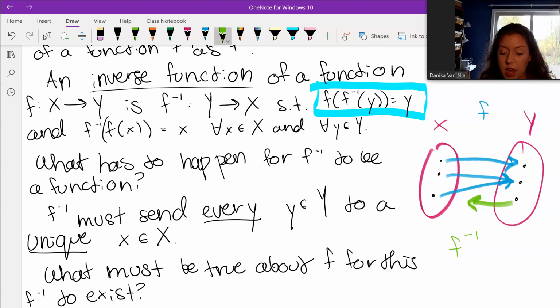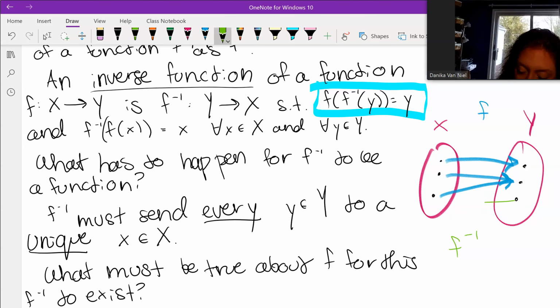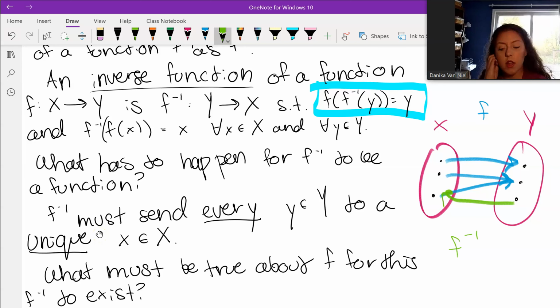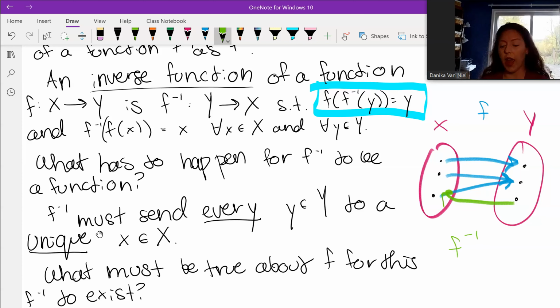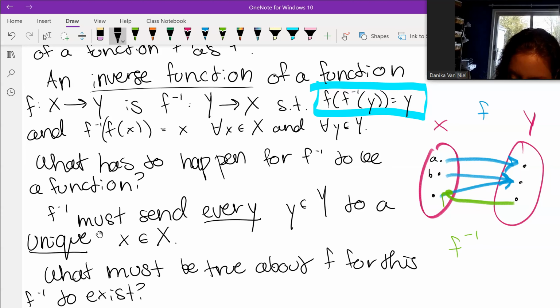So let's say it goes to this element. See, what's the harm in that? Well, when we do this thing that I highlighted in blue up here, so f inverse of that element, let's give them names. How about A, B, C, alpha, beta, gamma.